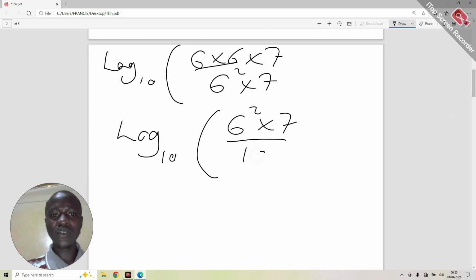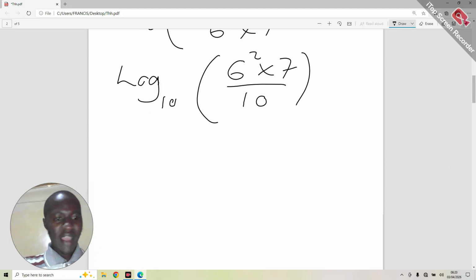Remember I told you log 10, log 100, log 1000, log 10,000. They're just simple. You just have to have them in your fingertips.